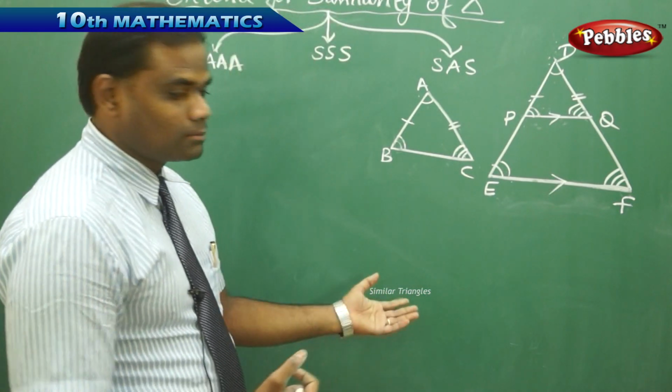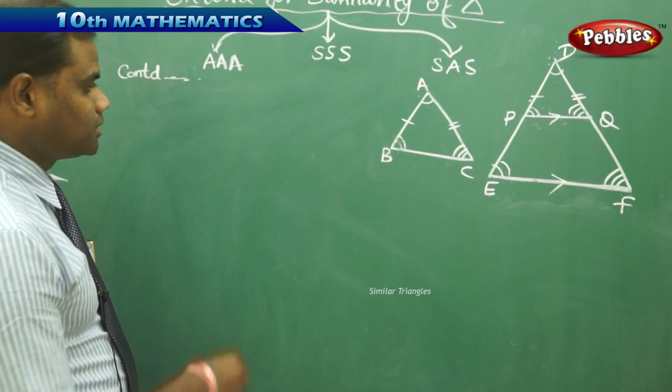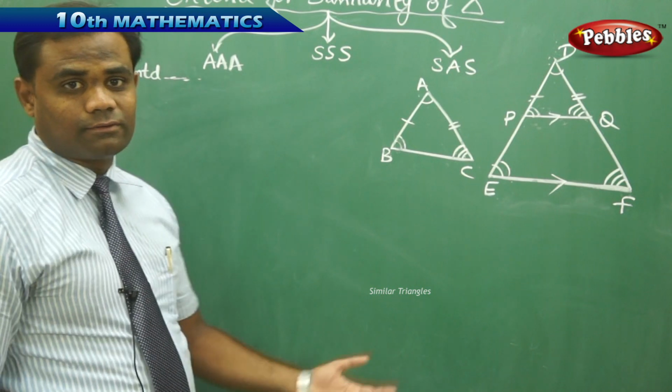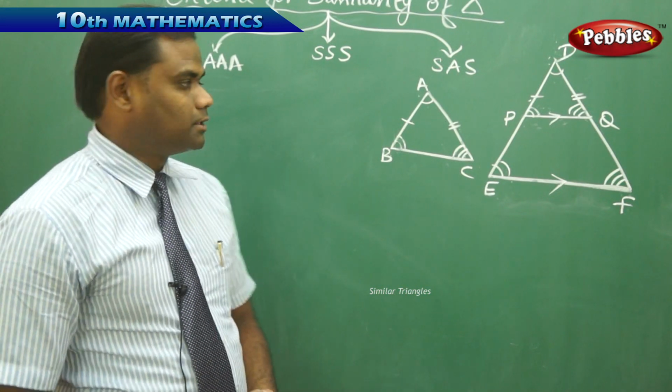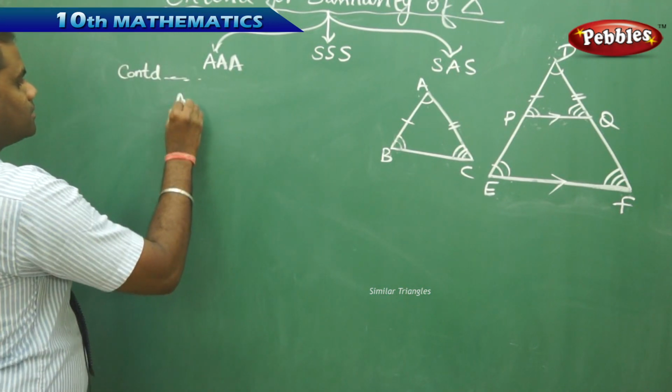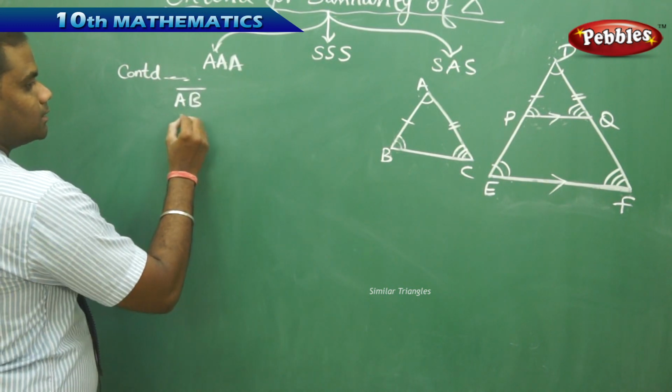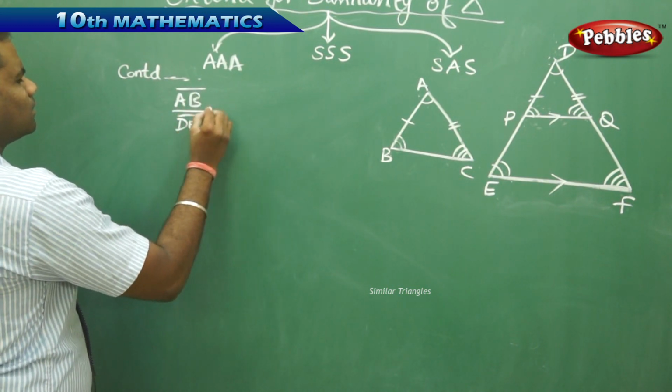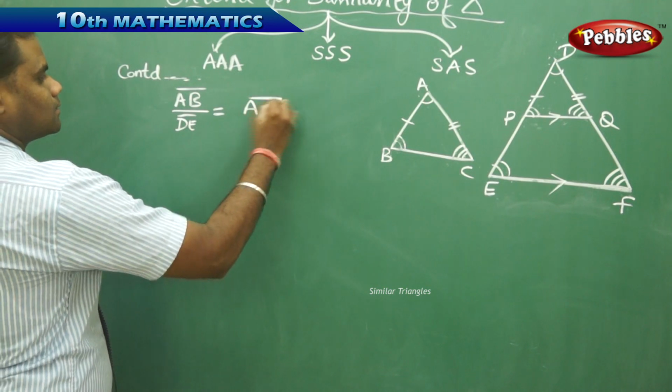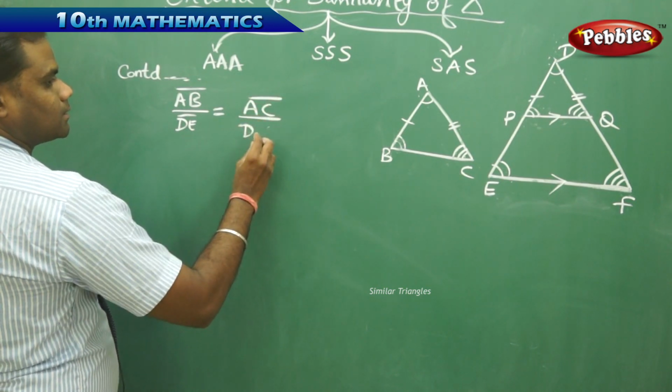So, continuing from the theorem, I interchange the numerators and denominators of the ratios obtained, so that I get AB by DE equal to AC by DF.